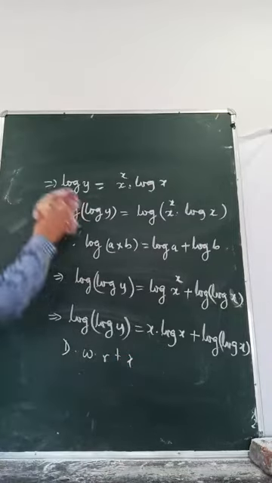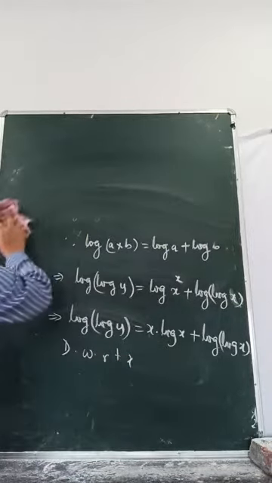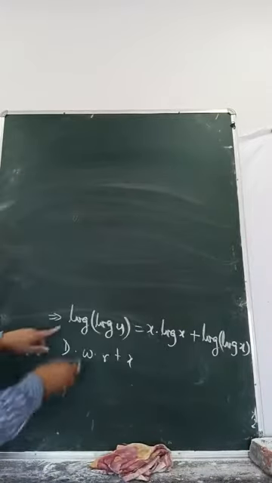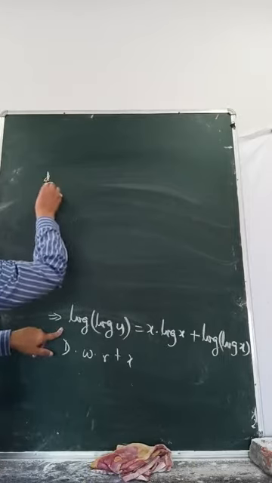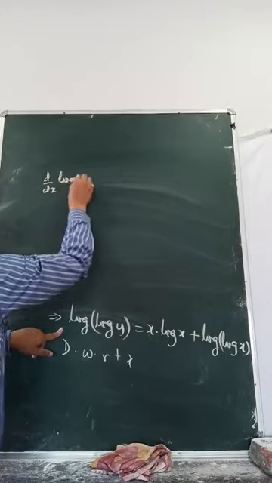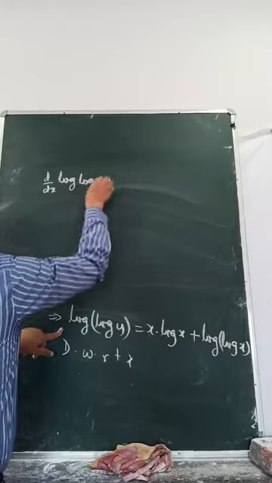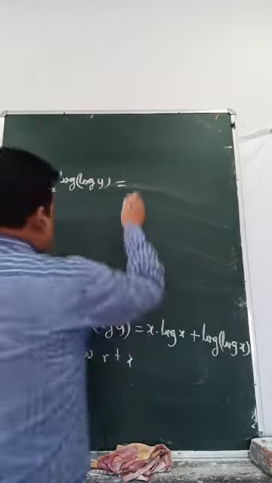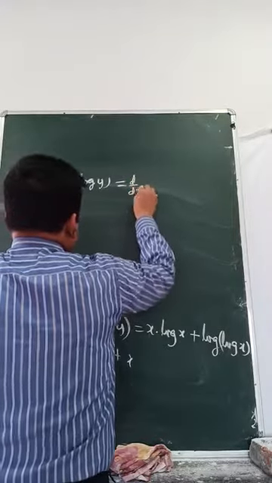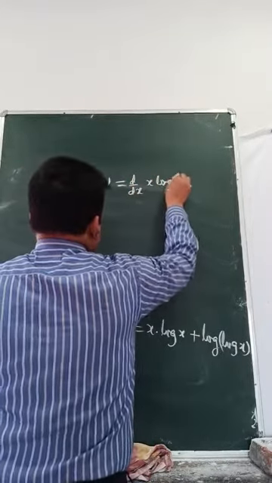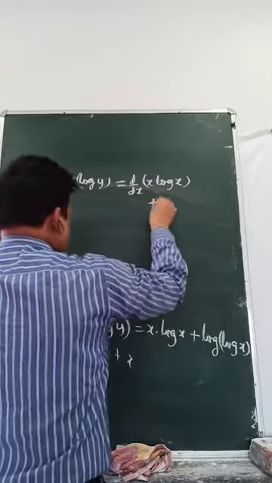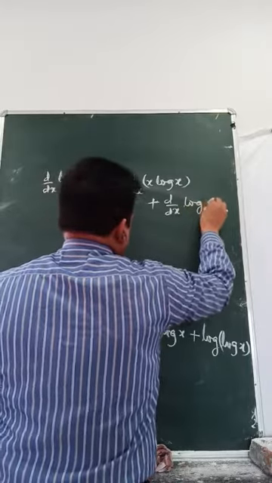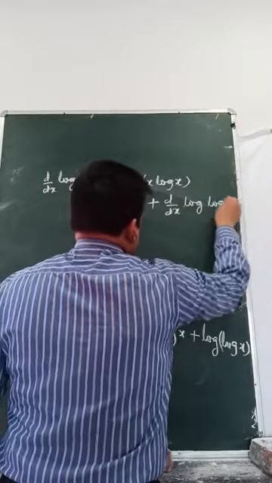So what I am going to write here: you are writing d by dx of log of log y equals d by dx of x log x plus d by dx of log of log x. Try to see here.